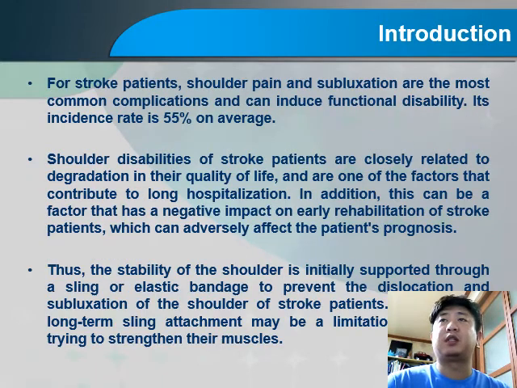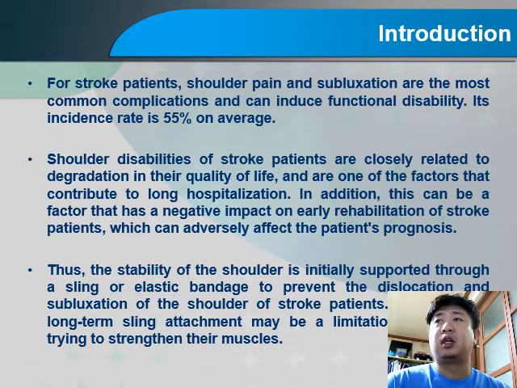For stroke patients, shoulder pain and subluxation are the most common complications and can induce functional disabilities. Its incidence rate is 55% on average.